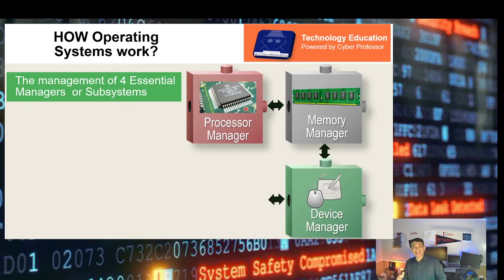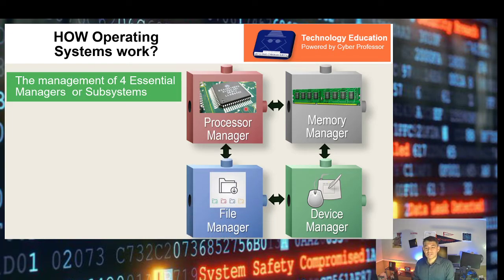Now, the next essential manager or subsystem in an operating system is what is called a device manager. And the device manager is responsible to manage devices, meaning the keyboards, the mice, the printers, any USB device that you connect to your computer will be managed by the device manager. And next comes the file manager.